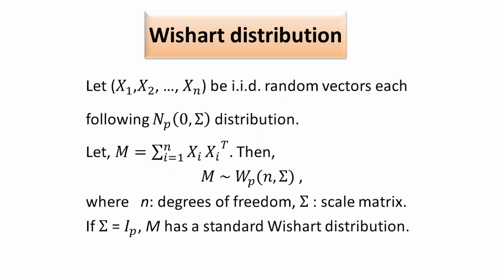In this case, M would also be a Wishart matrix, that is, M would have been distributed as Wishart P n sigma. In the particular case where mu is equal to null and sigma is an identity matrix, M is said to have a standard Wishart distribution.